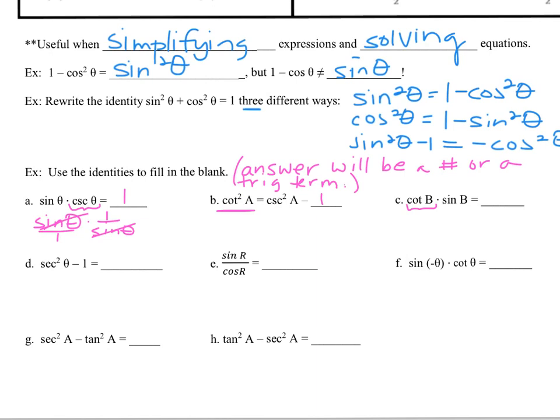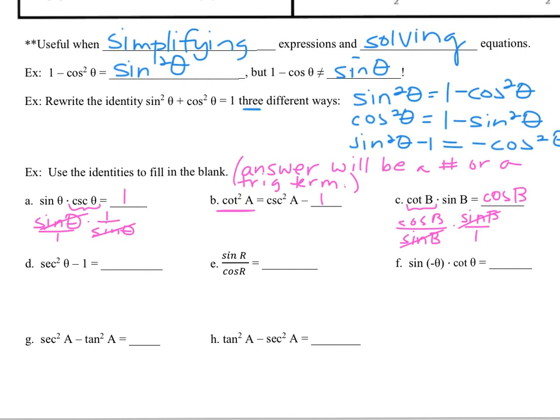So cotangent B is going to be equal to cosine B over sine B, keeping that angle the same variable. And if we multiply that by sine B over 1, the sines cancel out. Look at that. All we have left is cosine. So just using that quotient identity to help us here.